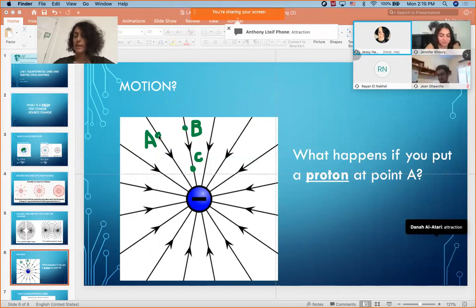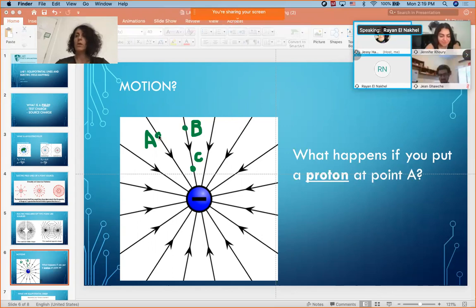Dana is saying attraction. Yes, the positive charge will be attracted to the negative charge. So the proton will move closer to the negative. Basically I can say that due to the attraction between a positive charge and a negative charge, the proton will move towards the negative charge.